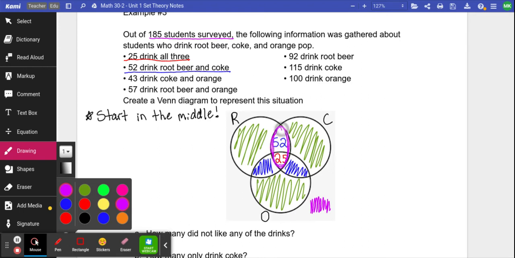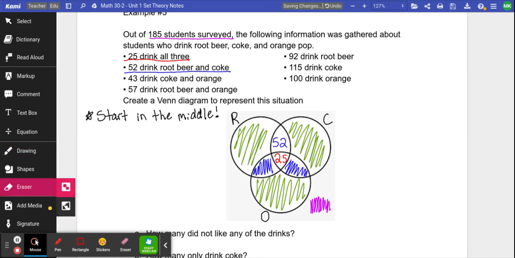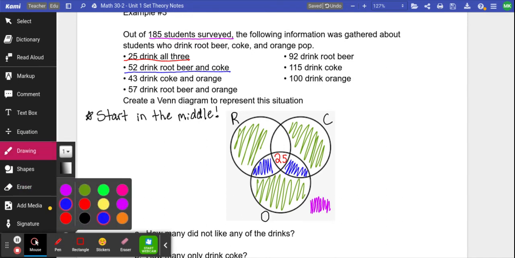So when I say 52 people drink root beer and Coke, I've already counted 25 of them in that very center number. So to figure out how many drink root beer and Coke but not orange, I would need to go 52, subtract the 25 that I already knew, for a total of 27 who drink root beer and Coke, but not orange.